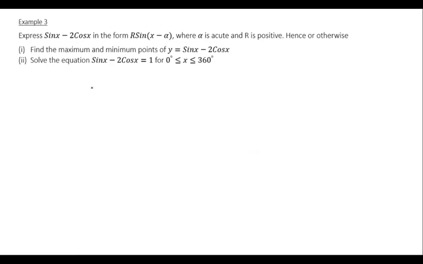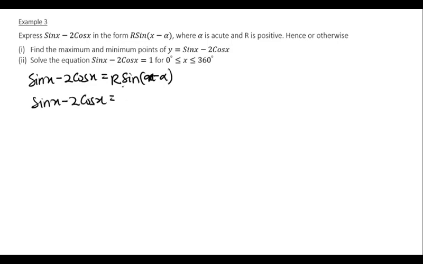Okay, so from there we can see we've expressed sine x minus 2 cos x in the form R sine x minus alpha. So this is equal to the R we found, root 5, then sine x minus 63.4.